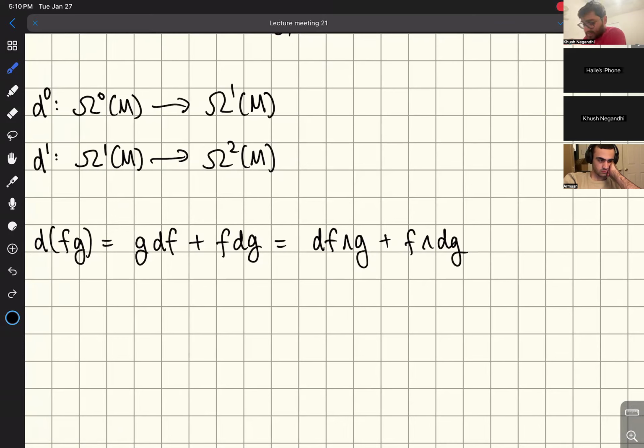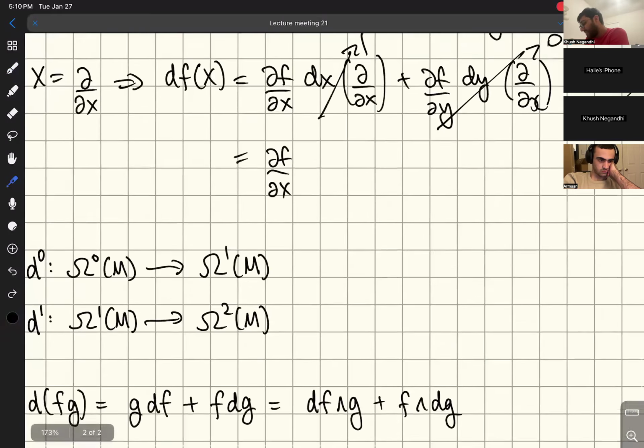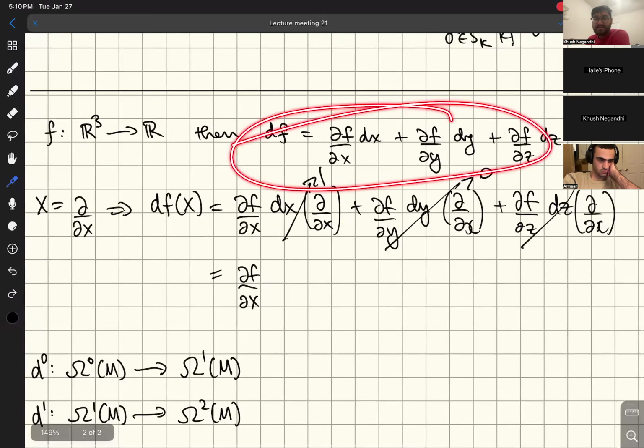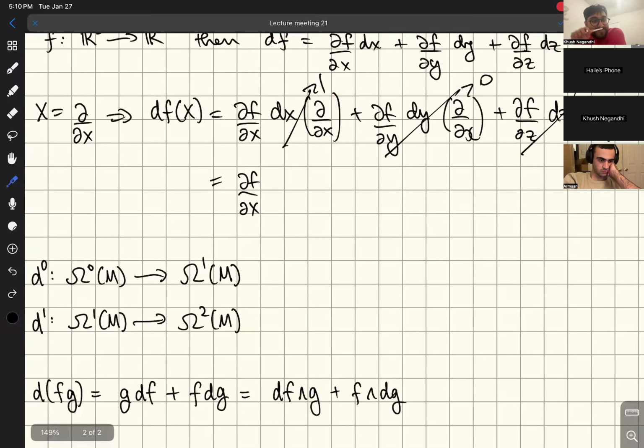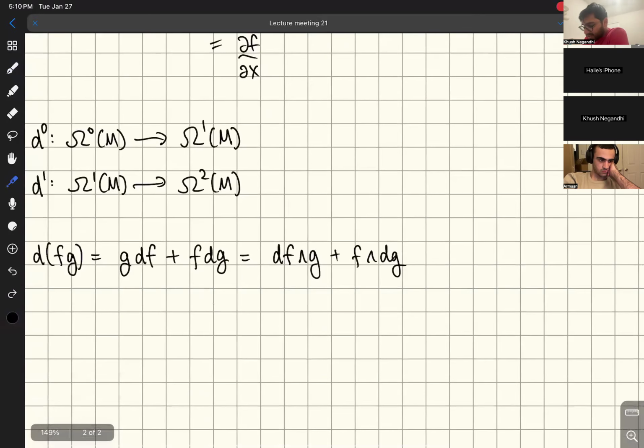Another important property is that this d function is linear, which is obvious, I think, because it's just the Jacobian. And then one interesting thing is that I need to somehow encode the fact that second partial derivatives commute.